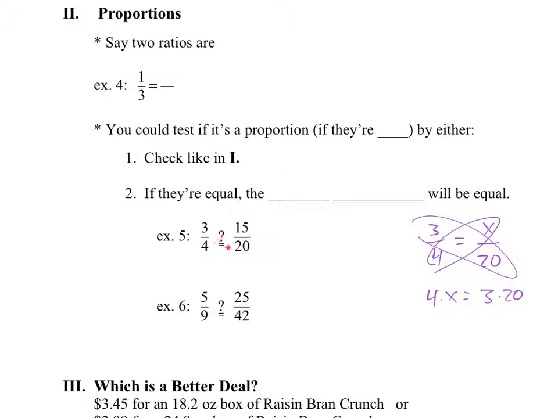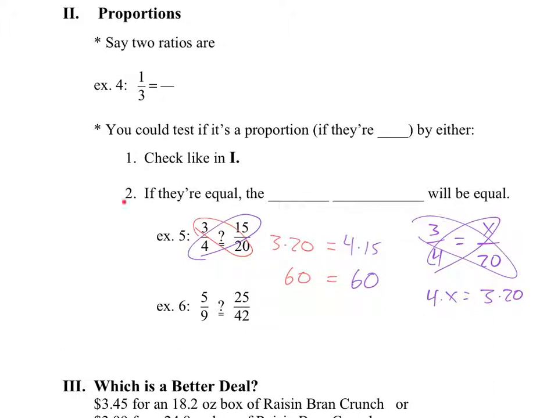So if we wanted to check and see if these are equal, we could say, well, 3 times 20, does that equal the 4 times 15? Well, 4 times 15 is 60. 3 times 20 is 60, so they're equal. So that's a different way to check it.